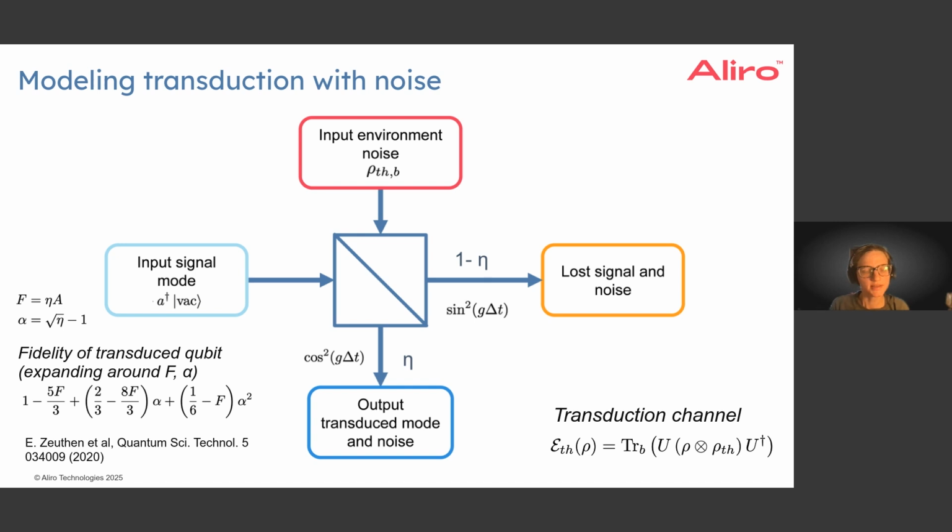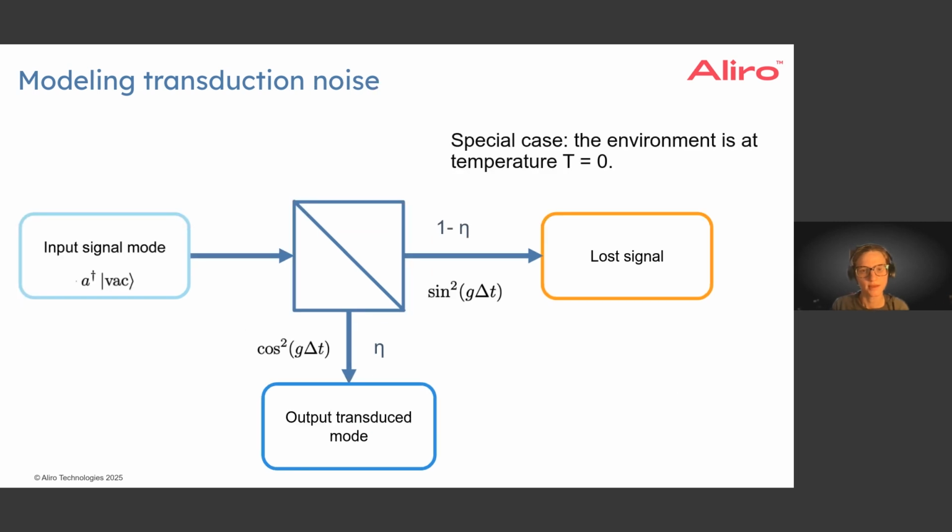So doing this, we can find an expression for what the fidelity of a transduced qubit would be, given some noise and given some finite efficiency. One thing that's interesting to see is if you take the special case of setting your environment to the temperature T equals 0, this means that we don't have any noise photons, so you set your noise photons to 0.